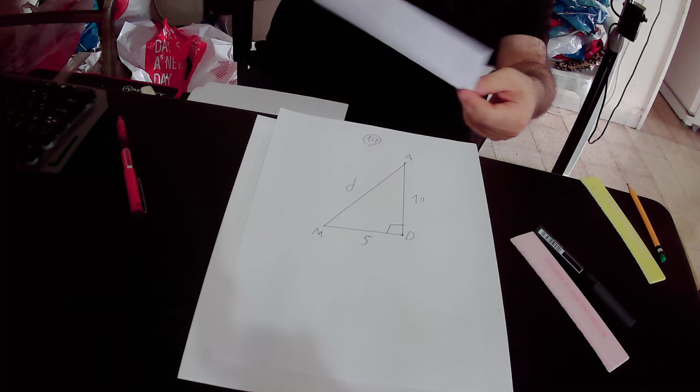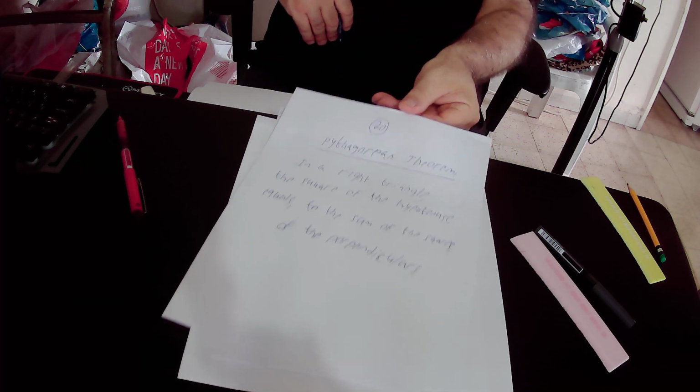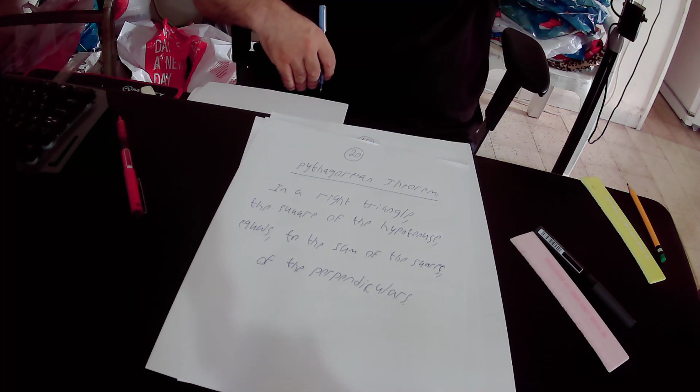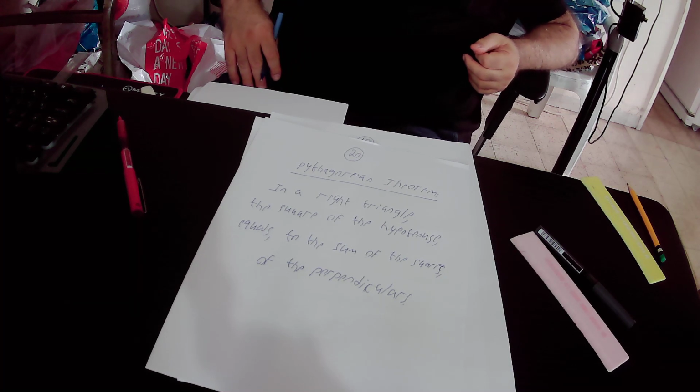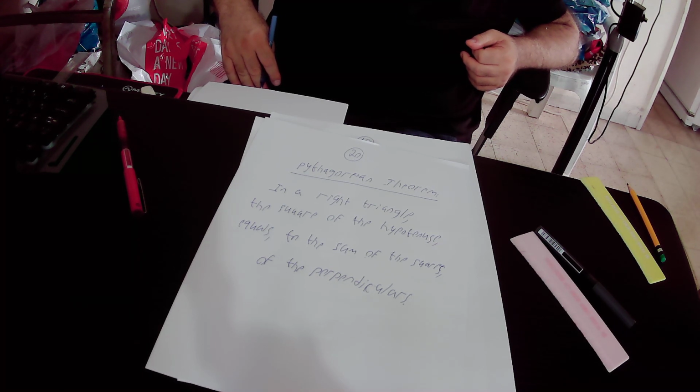I will read the Pythagorean theorem again. The Pythagorean theorem states that in a right triangle, the square of the hypotenuse equals the sum of the squares of the perpendiculars.